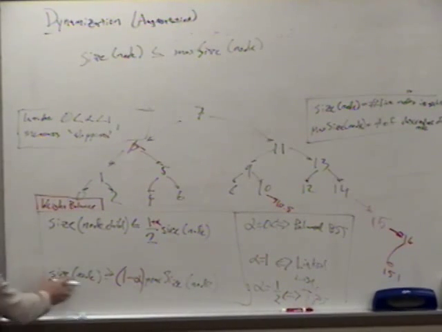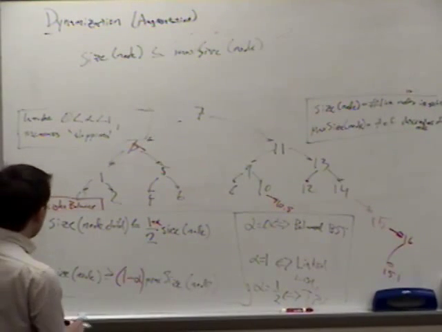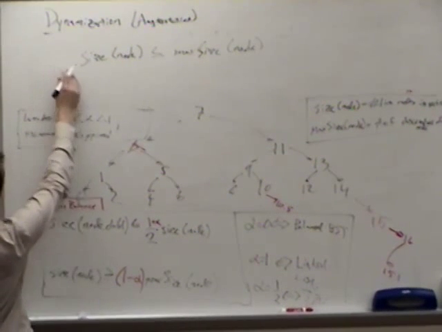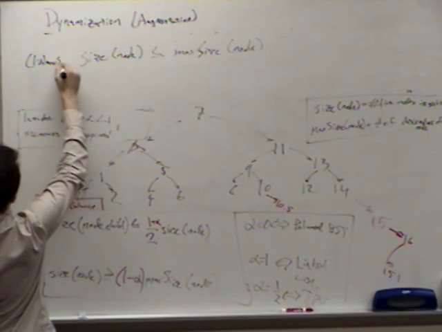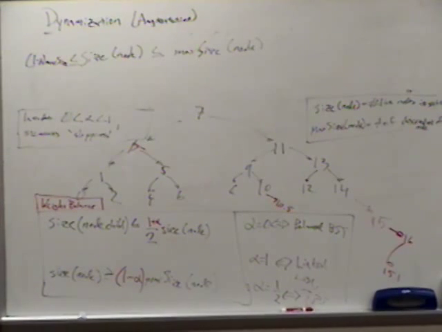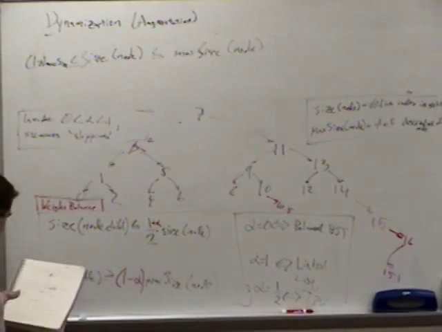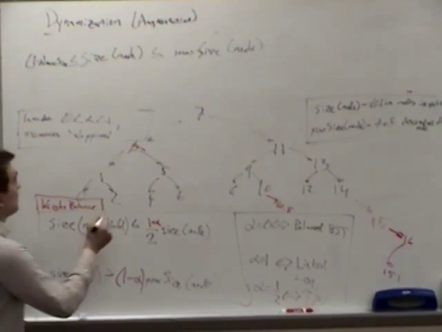So this has to be bigger than 1 minus alpha times max size, not less than or equal to that. Sorry about that. But we now have a lower bound here, which is that 1 minus alpha times max size is less than or equal to size. So this means that in the worst case, assuming that the number of nodes that we have that are alive in the tree is n, the total number of nodes in the tree can be at most n over 1 minus alpha.